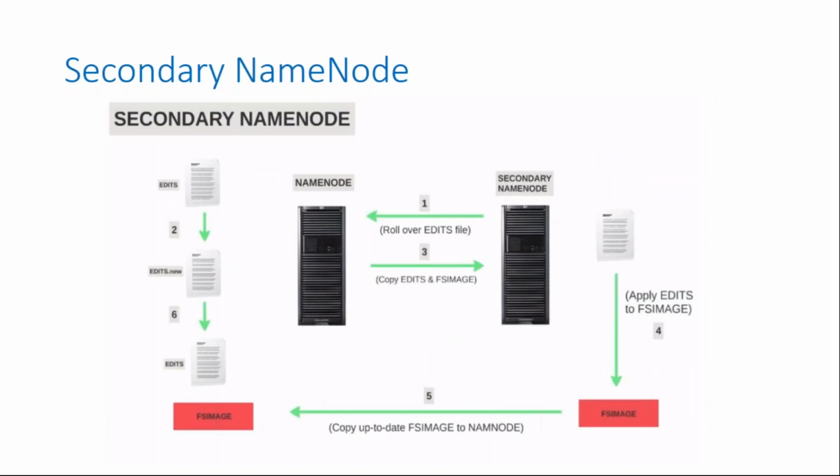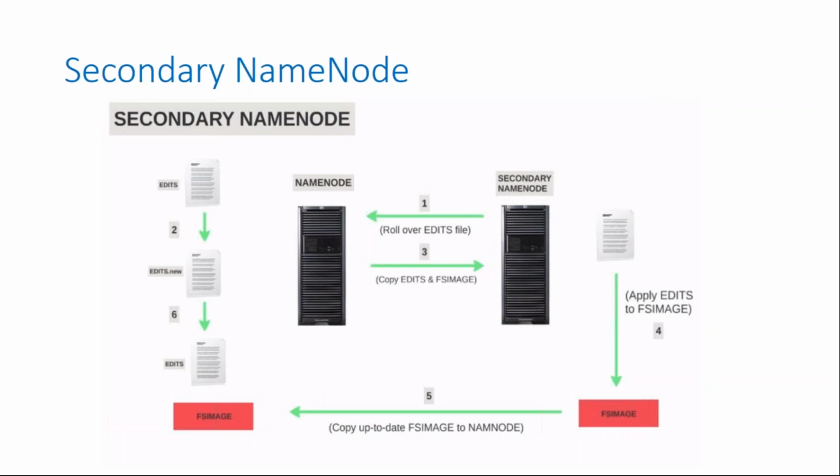Now we can come to the secondary name node. What does the secondary name node do in this architecture? It is not going to serve or handle any requests. All the requests still go through the name node.